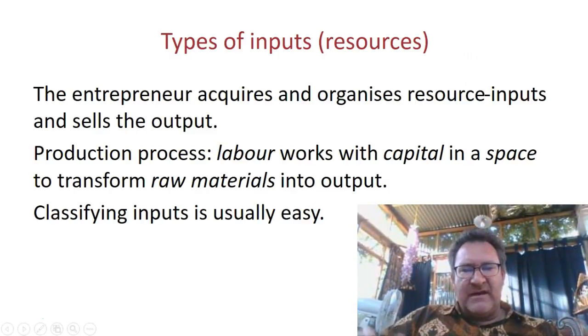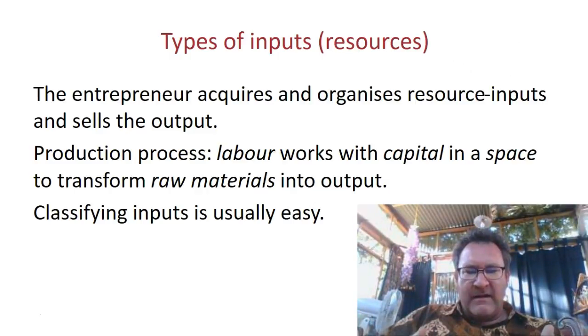Classifying inputs into these categories of labour, capital, space, raw materials is usually pretty straightforward. So if you think of, for example, a t-shirt manufacturer, you've got the factory with the sewing machines in it.